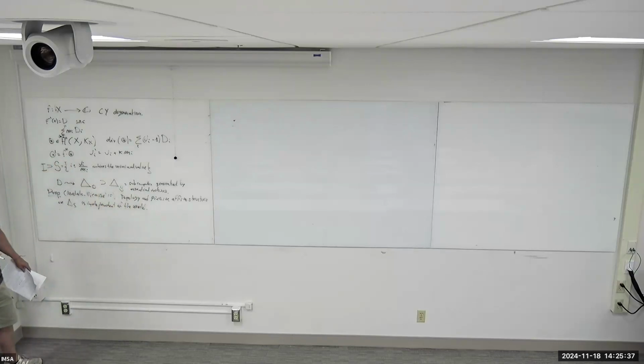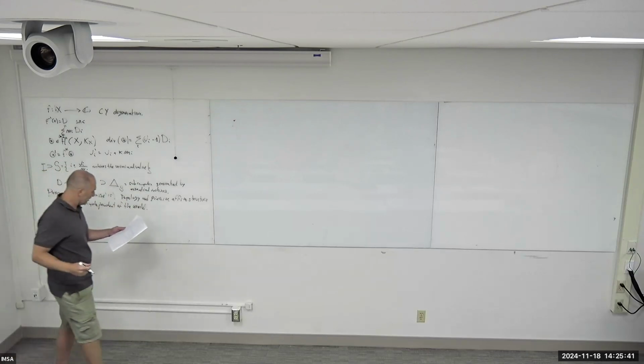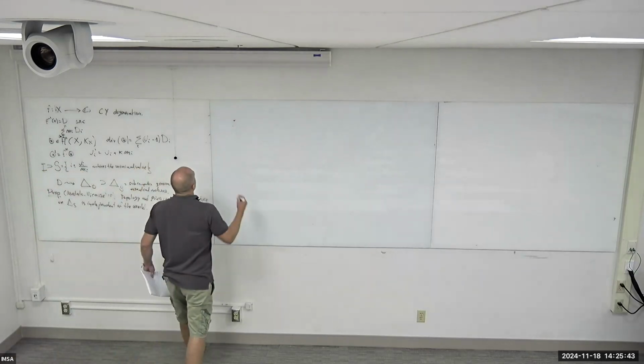So the essential skeleton is a property of your degeneration.